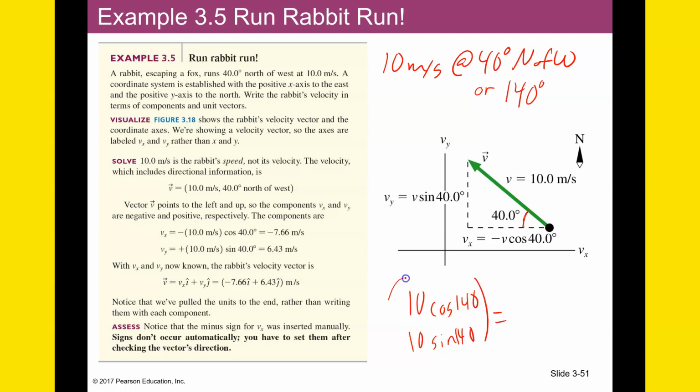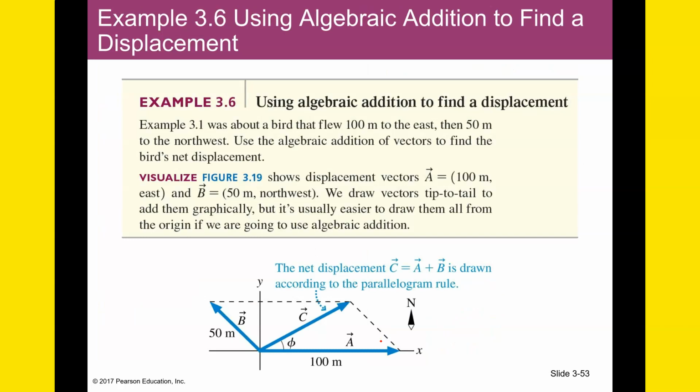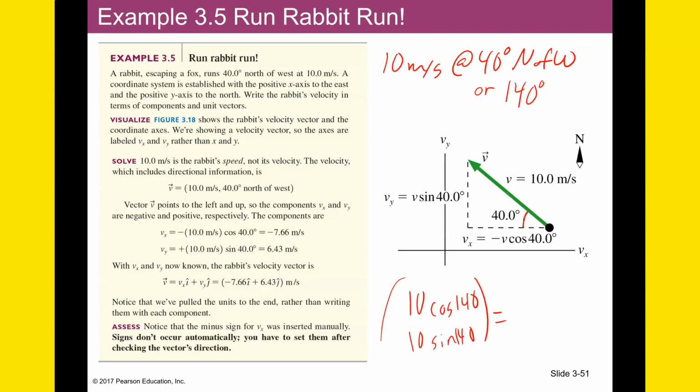which gives me, let me do my calculator here, 10 cosine 140, negative 7.66, and do it with the sine now, 6.43, and there are my components.